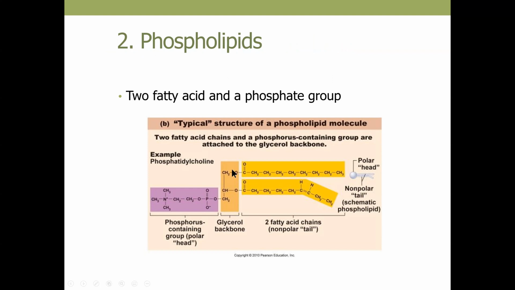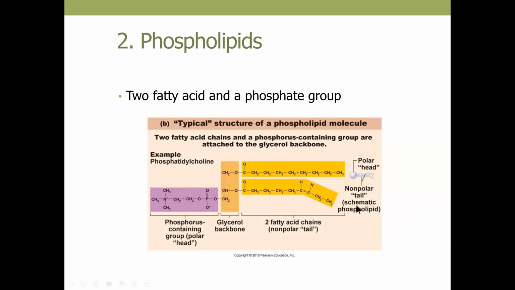So we have a glycerol backbone like before, and 2 long-chain fatty acids, but in the place of the 3rd long-chain fatty acid, we have a phosphate group. So it's called a phospholipid. This phosphate group is polar. It has a charge to it, so it would attract water, because water is polar.